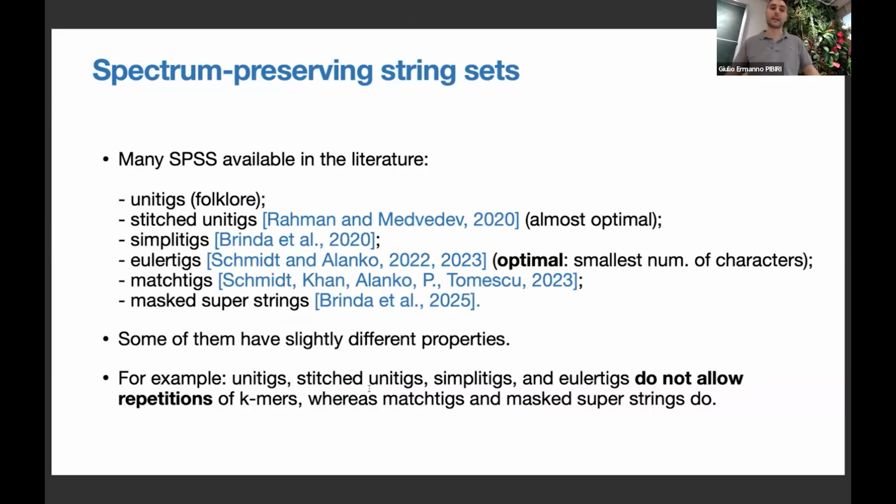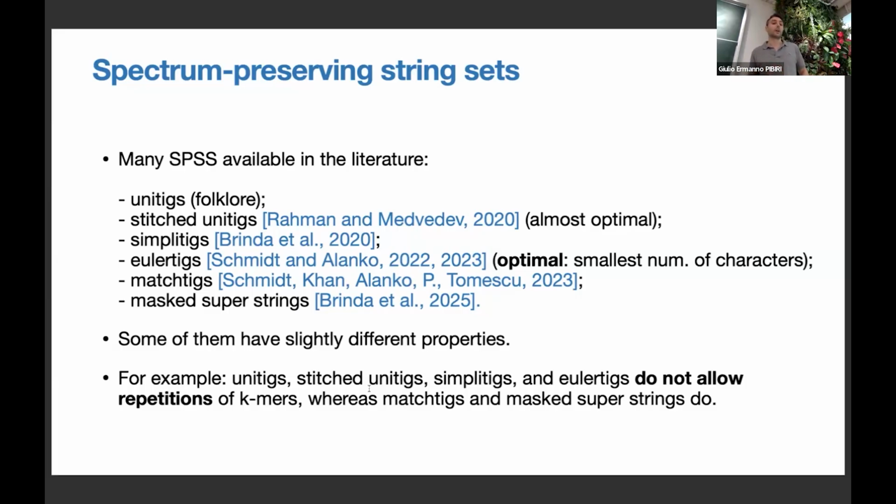So again, these are, to the best of my knowledge, all the available SPSS that were proposed in the literature. Starting with the unitigs that are, I would say, a folklore method. Then in 2020, we had this couple of papers that more or less proposed the same thing. Stitch unitigs or simplitigs are more or less the same. They were proposed independently by two groups.